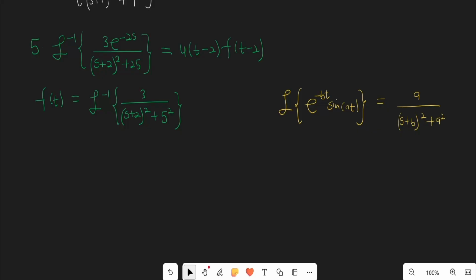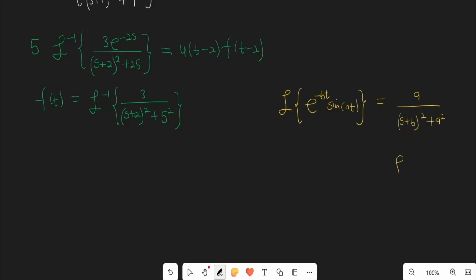So this one is the Laplace transform of this function. So we are just going to shift the s variable by the constant in the exponential function. The s variable is only s here, so we are going to shift it by negative b. So s minus negative b, that is s plus b.